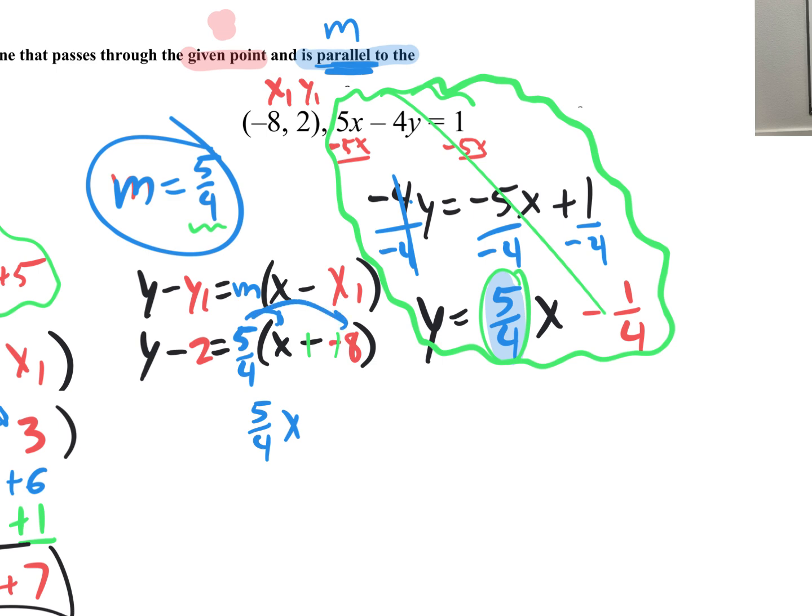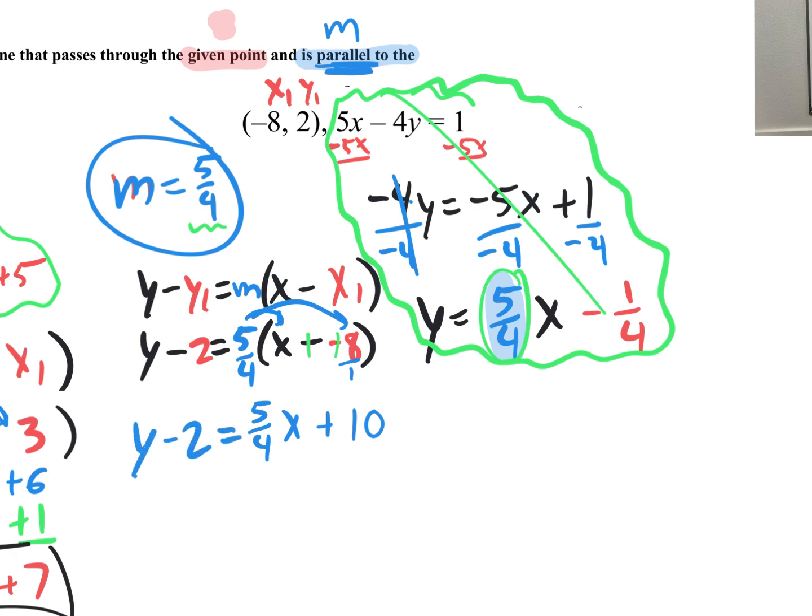You could actually get a calculator, hit the fraction button, type in 5/4, and then multiply it by 8, and it'll give you 10. Or you could do it by hand and say, okay, put the 8 over a 1, and you could do the top with the top. 5 times 8 is 40, and then 4 times 1 is 4, so you end up with 40 over 4, and 40 over 4 is 10. You can use a calculator if you want. Anyways, we have y minus 2 equals that stuff.